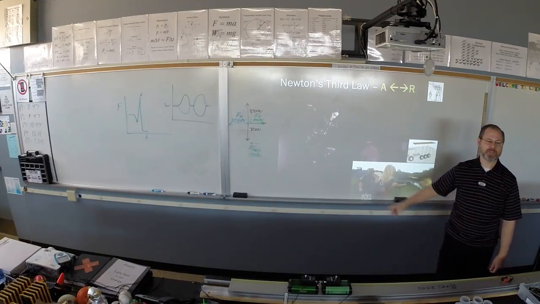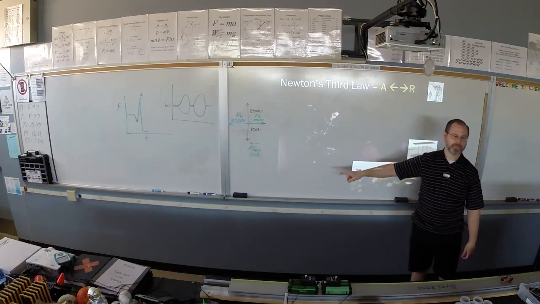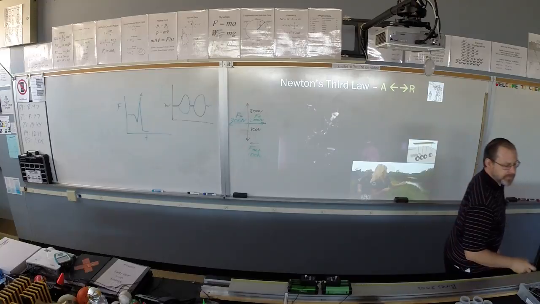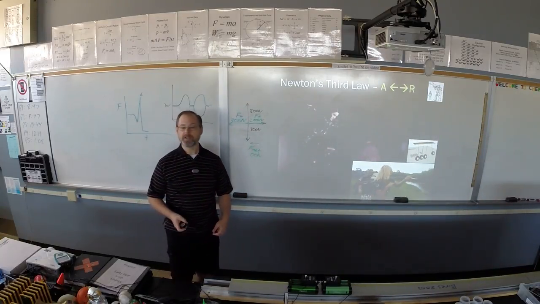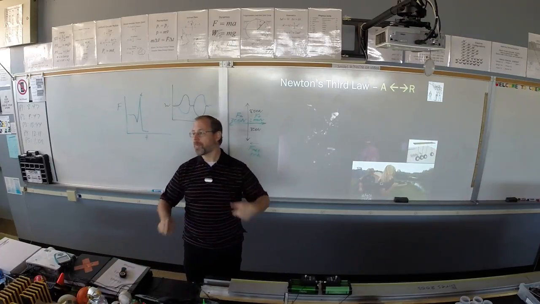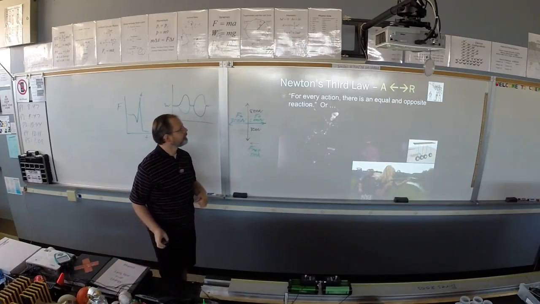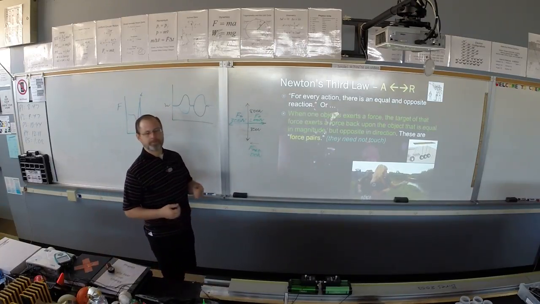So if Trinity kicked the cop with 10,000 newtons, how many newtons are applied to her foot? 10,000 newtons. Newton's third law creates what are called force pairs. Just like your butt is applying force down and your chair is applying force up, that's a force pair. So for every action there's an opposite and equal reaction, and this creates force pairs.